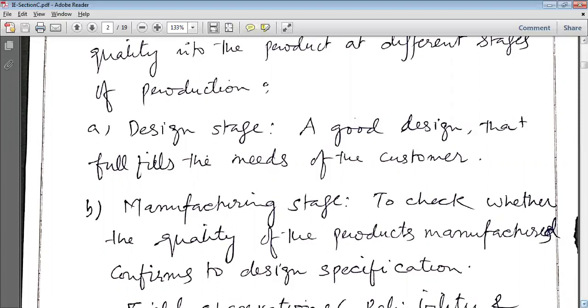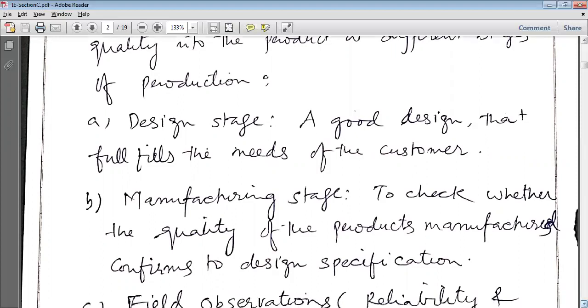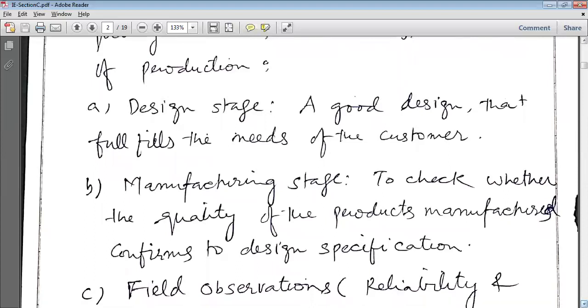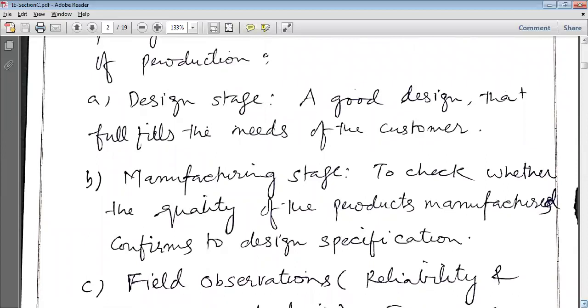When the design stage passes smoothly and conceives good quality into the product, the chances are that it will last long, and the manufacturing stage and field observation will also play their roles. But the design stage has more quality aspects and more reliability aspects as compared to other factors.